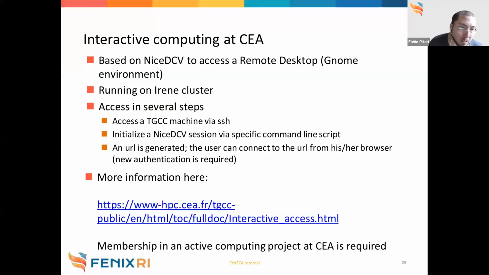If you access this web URL from your browser, you need to log in again with your credentials. In this case, they are Irene credentials because everything is running on the Irene cluster from CEA. And if you access this web interface, which you initialized from the command line, basically you have access to your remote desktop, which is a GNOME desktop in this case.